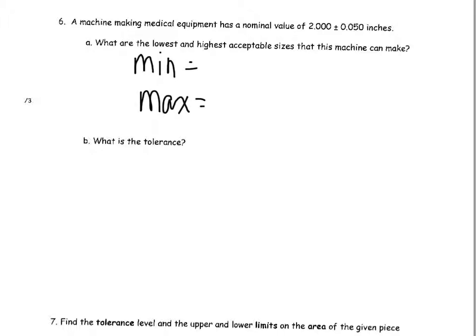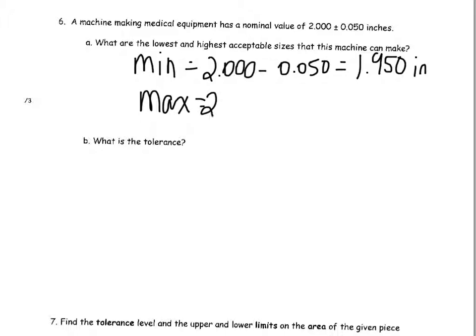Well, the minimum would be 2 minus 0.05. Oh, that's 1.95 inches. And the maximum, well, the nominal is 2. And we could add up to 0.05. And so that gives me 2.05 inches.